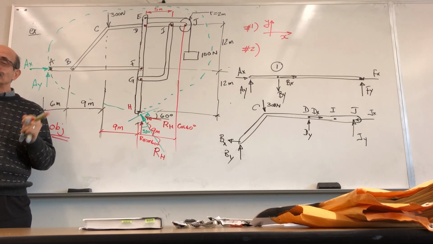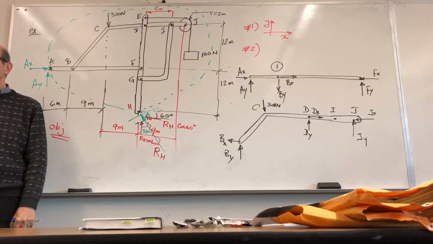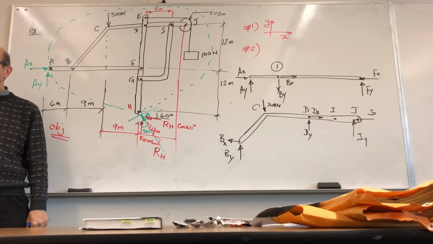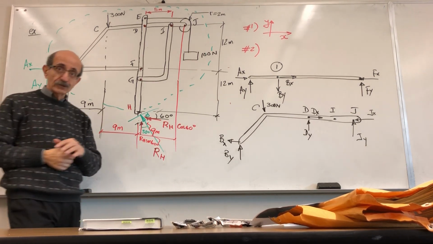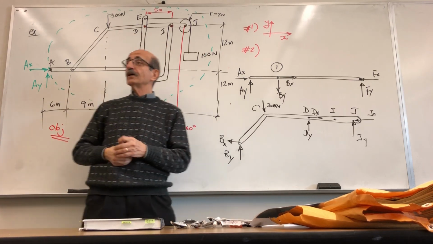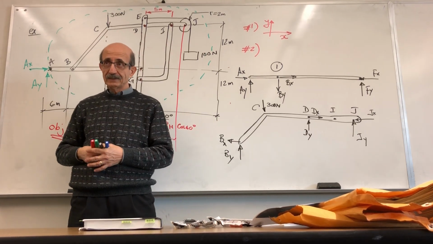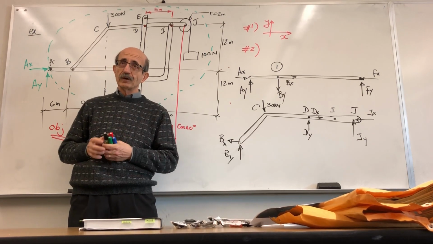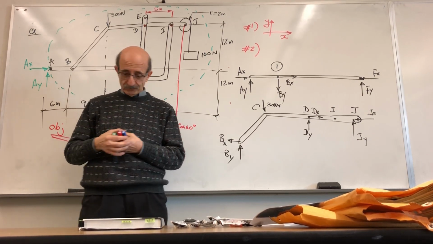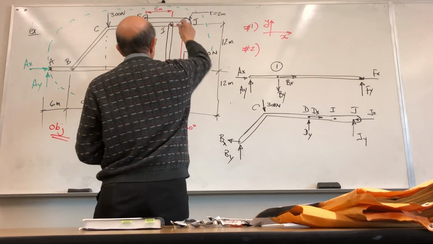Watch out for two force members. Do not underestimate that. If you do not detect two force members, your life will be miserable in analyzing frame structures. You may not be able to solve the problem for all the unknowns. So look at this joint.